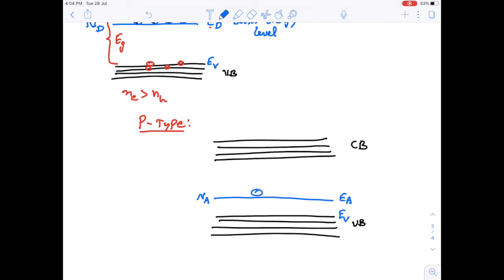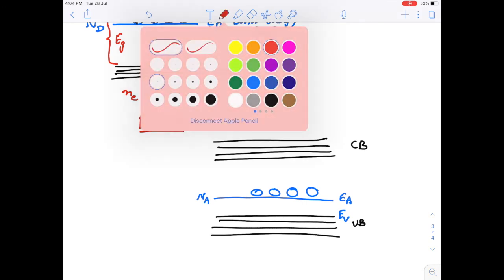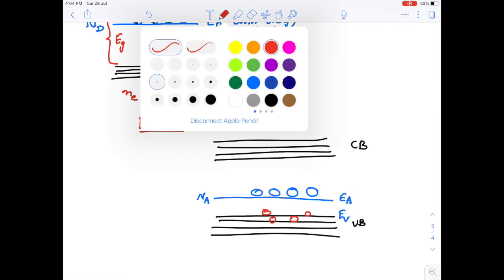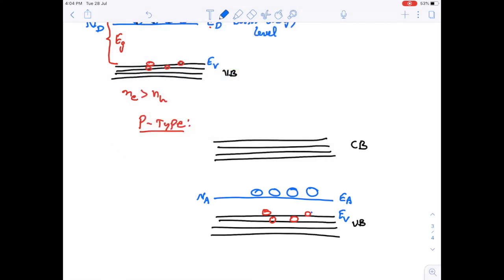So these are acceptor atoms, and here the electrons from the filled valence band will leave the valence band, and they are accepted by these acceptor atoms, therefore they create holes in the valence band.